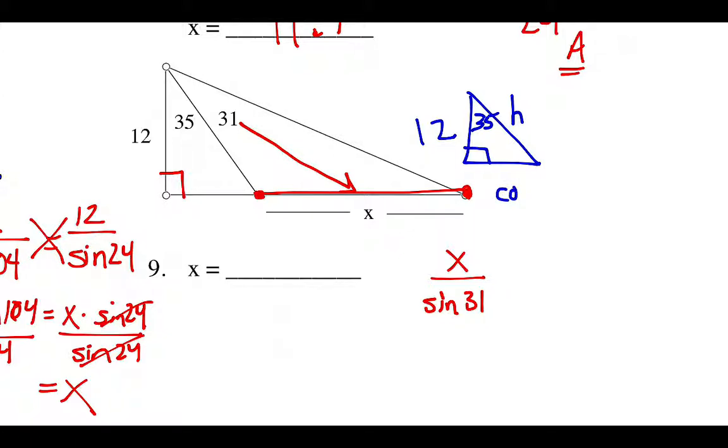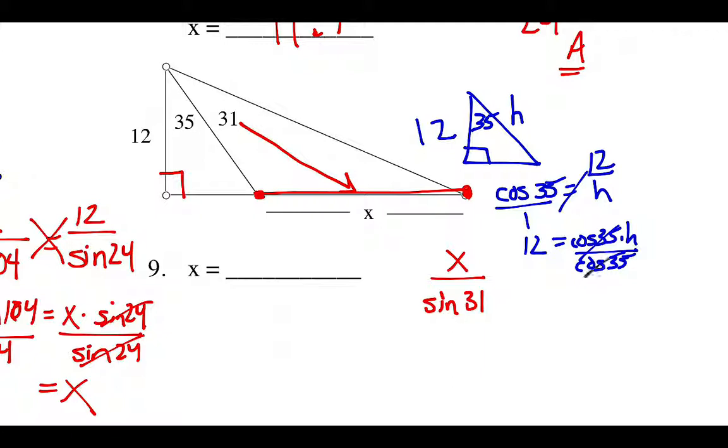So the cosine of 35 should equal my adjacent side 12 over the hypotenuse of h. So it's going to be over 1, so I get 12 equals the cosine of 35 times h. I would have to divide by the cosine of 35 to get that h by itself. So I get 12 divided by the cosine of 35.